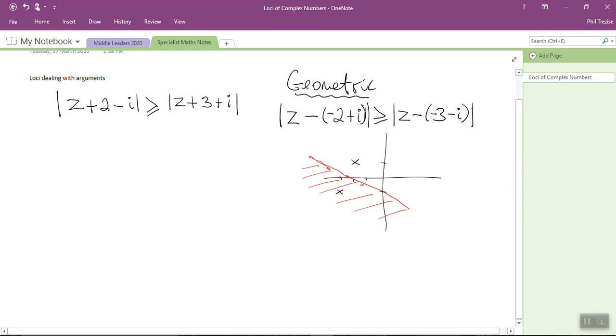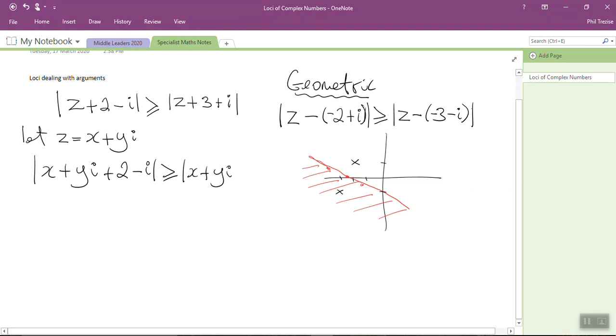Now remember, in all of these scenarios, we're imagining that our complex number z is x plus yi. So I'll write that in. The modulus of x plus yi plus 2 minus i is greater than or equal to the modulus of x plus yi plus 3 plus i.